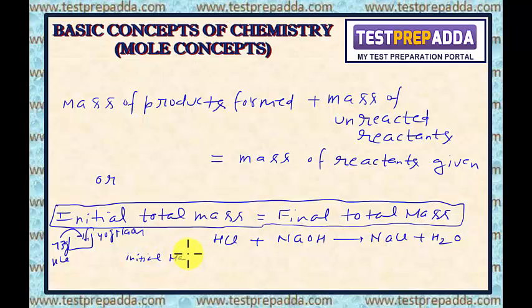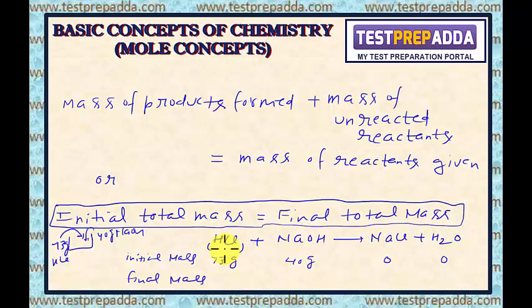Initial mass, below HCl you'll write 73 gram, below NaOH you'll write 40 gram. Initially we do not have NaCl, 0, we do not have H2O, 0. Now final mass means after reaction.